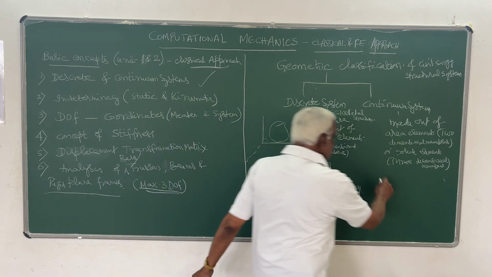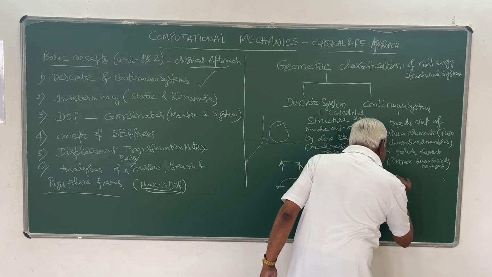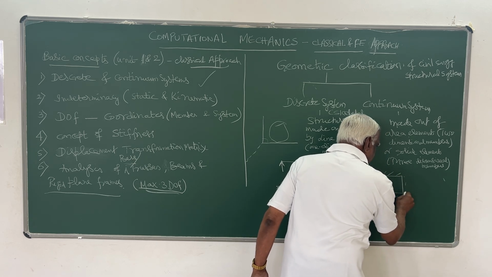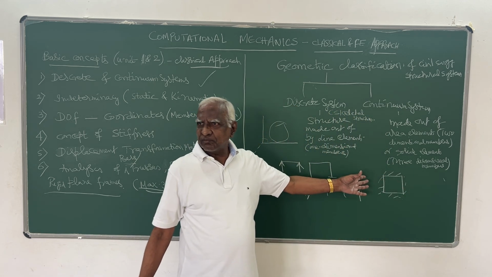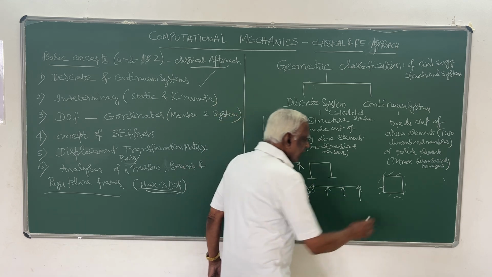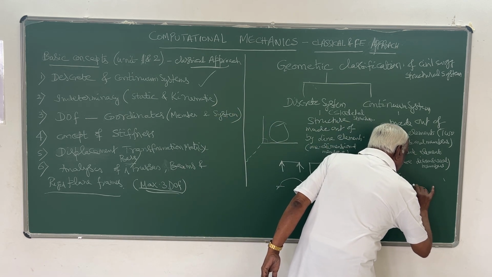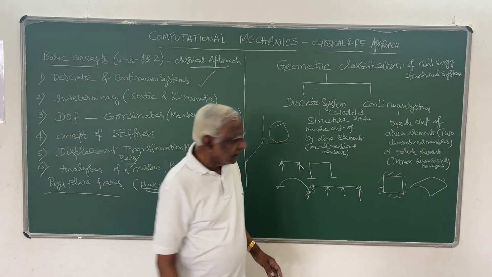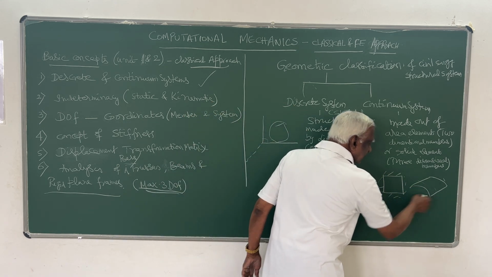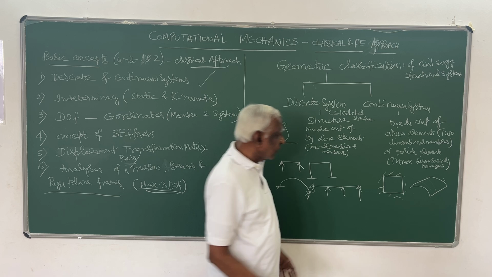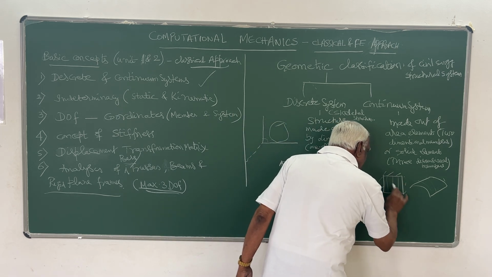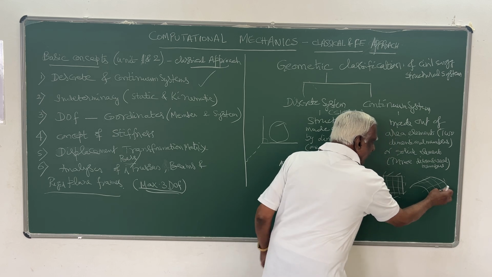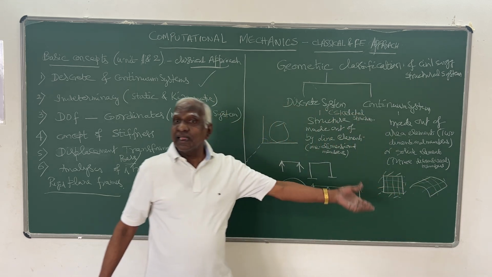Otherwise, you have a slab like this, which is supported on all four sides, either by fixity or otherwise, or it may be a shell type of structure. This sort of structure is made out of only area elements, a number of area elements.